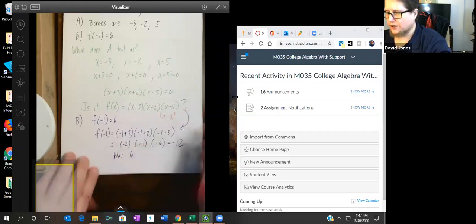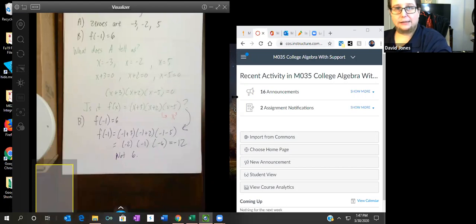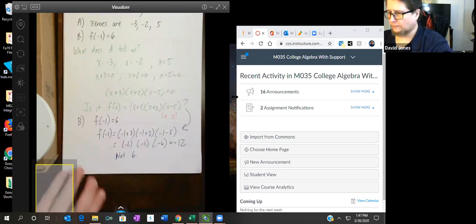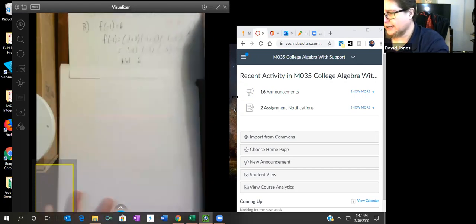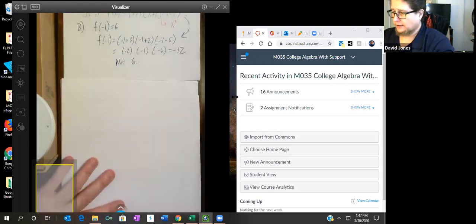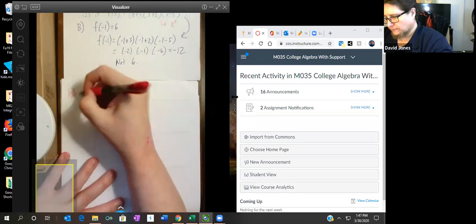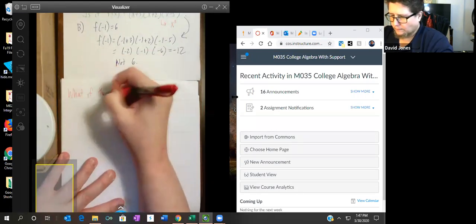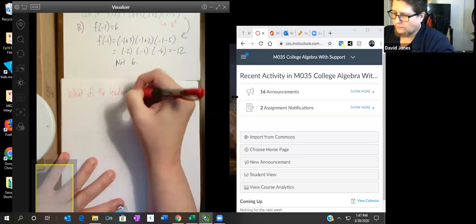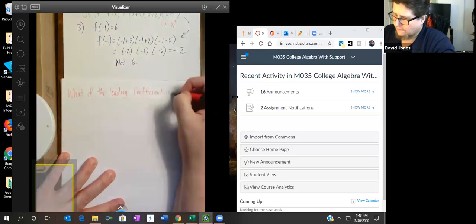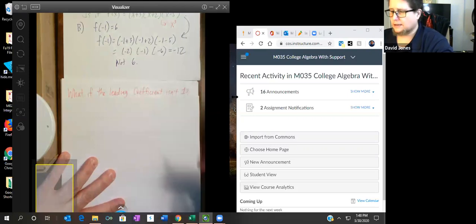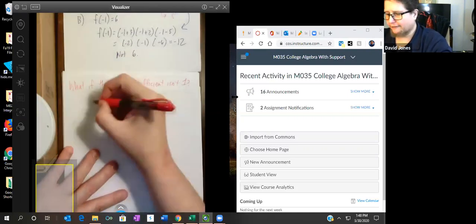What if the coefficient, let me pause and let you write that before I turn the page. Okay. What if the leading coefficient isn't 1? Let's put an A in front.